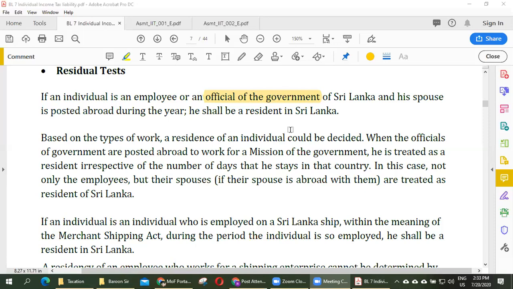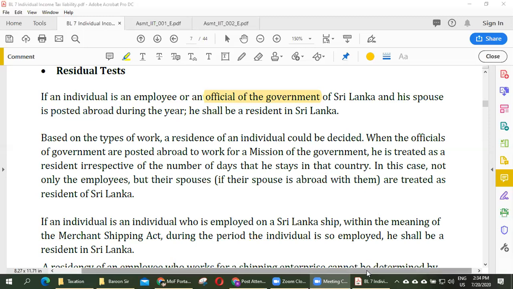Then they appointed him as ambassador of Sri Lanka in South Korea, where he lives all the time with his family. Now, is he resident or non-resident? He is living in South Korea on behalf of the government with family.